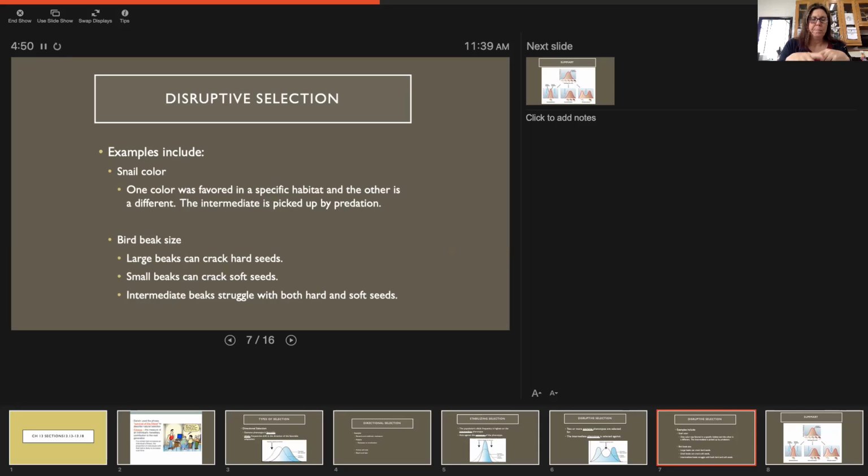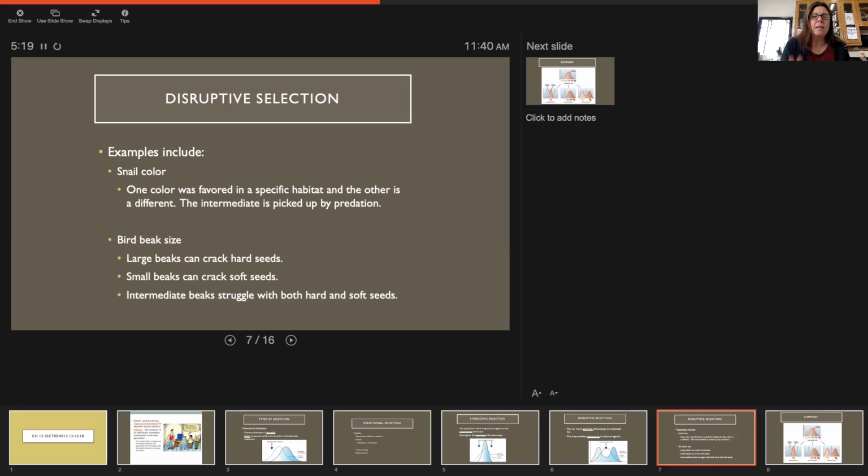We also see this with bird beak size. We know that birds that have large beaks are able to crack the big hard seeds. Small beaks are able to manipulate the little soft seeds. But if you have a beak size that's in between, it's not quite strong enough to crack those hard seeds, and it's a little too big to work those fine movements that they need to crack the soft seeds.